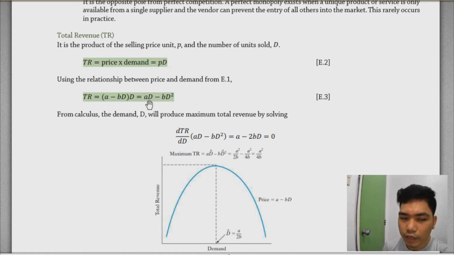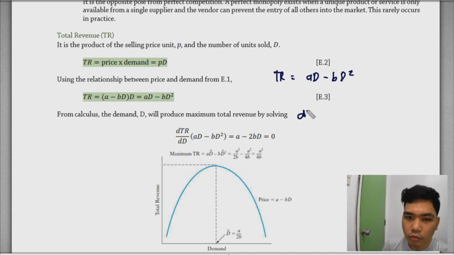If you have an equation TR equal to AD minus BD squared, and A and B are constants, then to get the maximum total revenue, you differentiate this expression with respect to the demand and set it equal to 0. The derivative of this expression would be A minus 2BD.